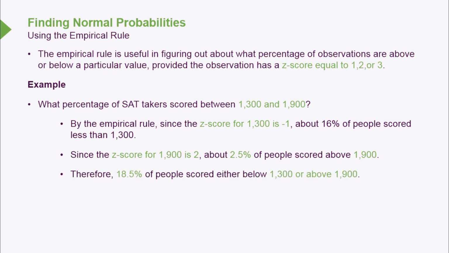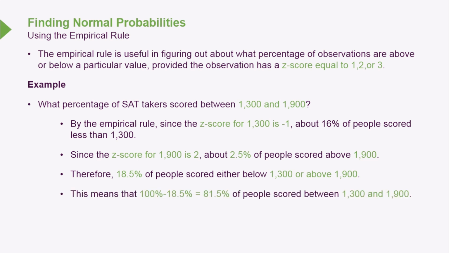Therefore, 18.5% of people scored either below 1,300 or above 1,900. But what we want is that area in between. We want that probability or that percentage in between 1,300 and 1,900. So we have to subtract that percentage from 100%. And so we find that 81.5% of people scored between 1,300 and 1,900.